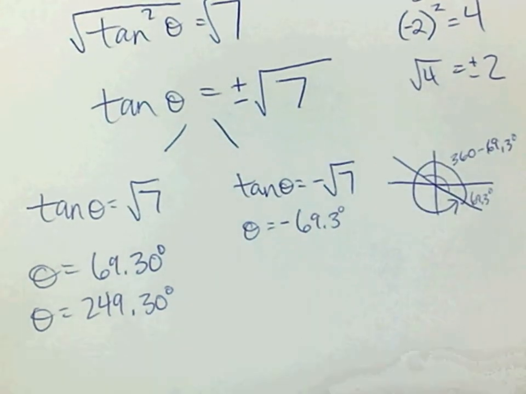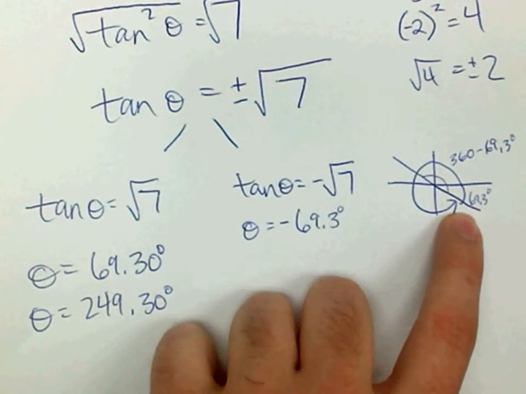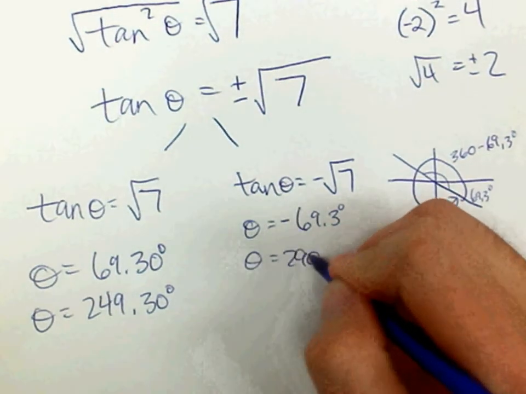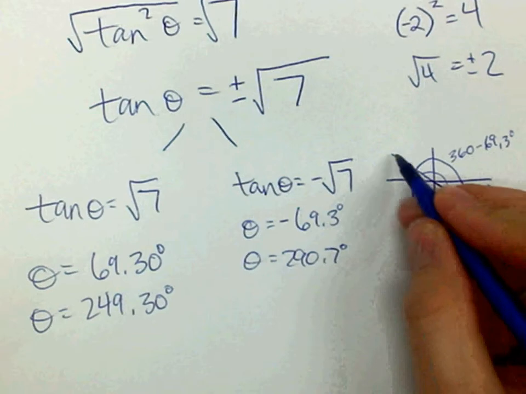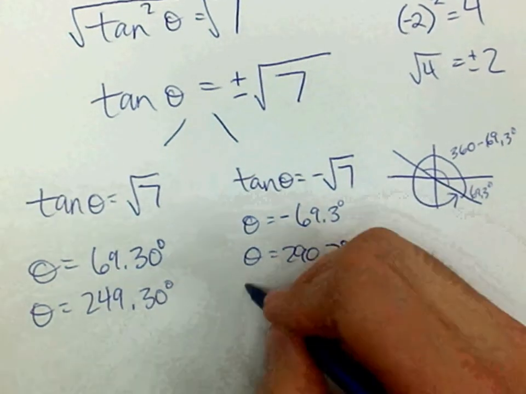Regardless, hopefully you're going to figure out that this angle is actually 290.7, and that the other angle in quadrant 2 is 110.7.